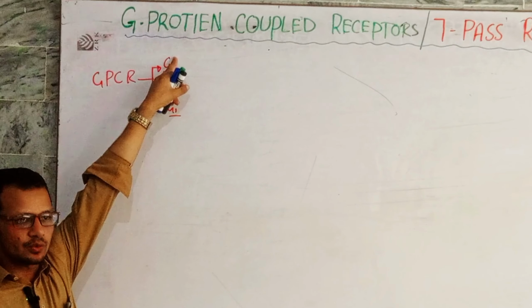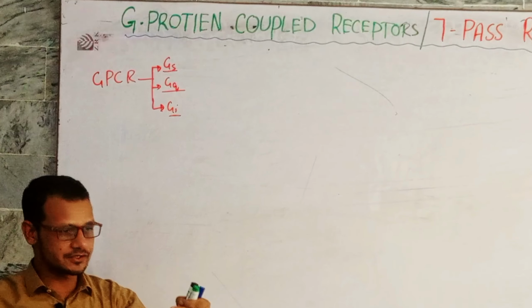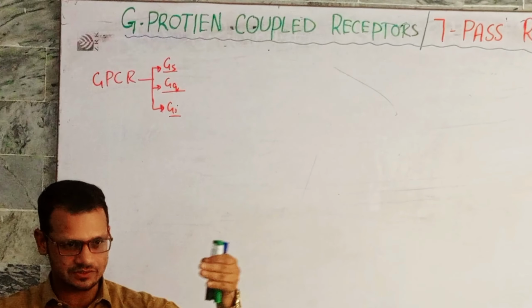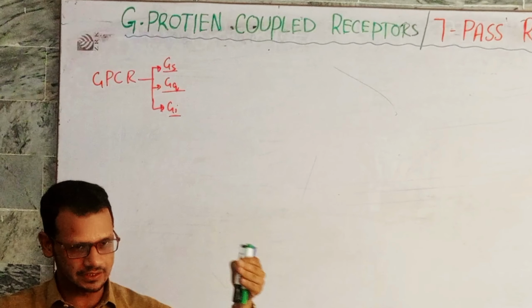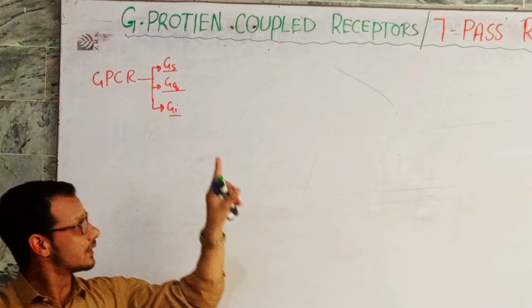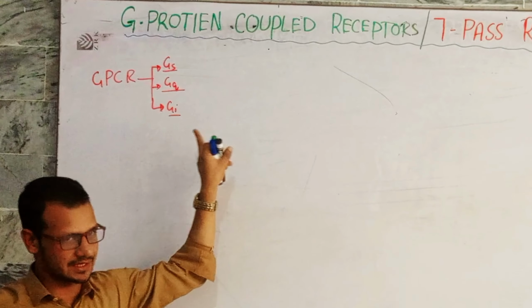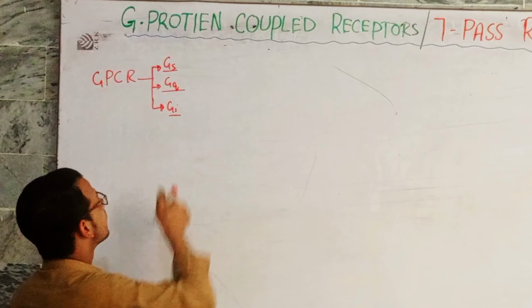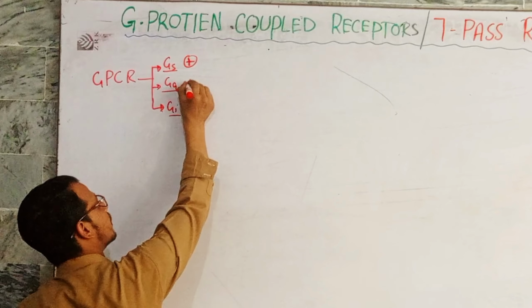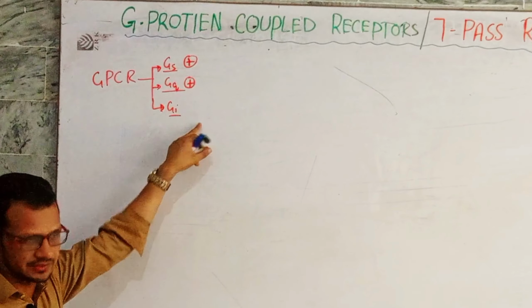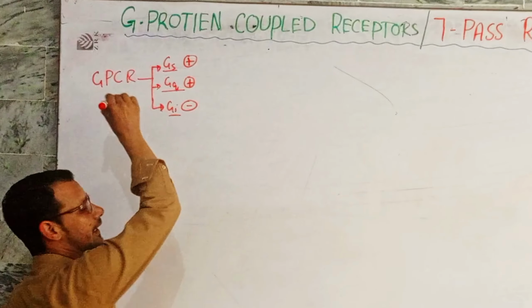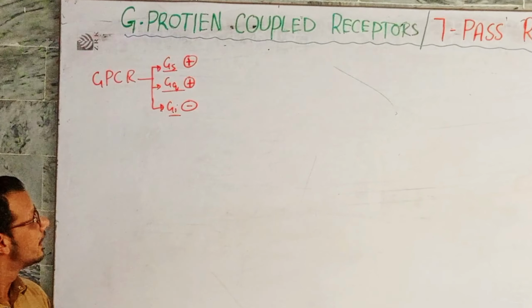Those proteins which activate and stimulate some biological responses in cells are called GS and GQ proteins. And the proteins which are inhibitory, which inhibit the processes in cells, are called GI. So GS and GQ are stimulatory proteins and GI is the inhibitory protein, right?